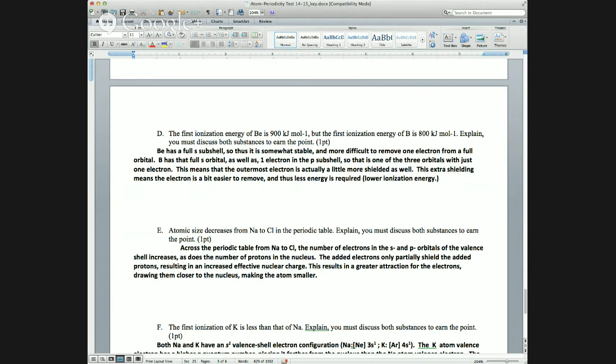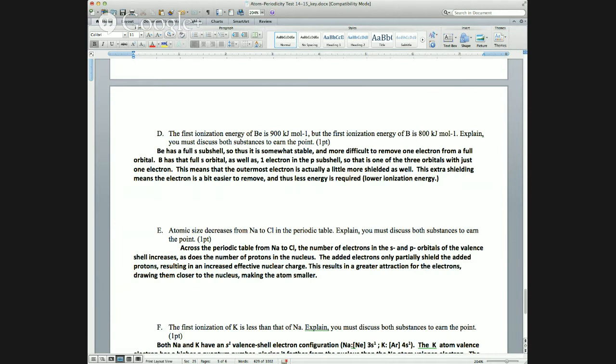And that 2p subshell causes a little bit more repulsion, or you might say there is some shielding, that the S shields the P slightly, making that electron somewhat easier to remove.